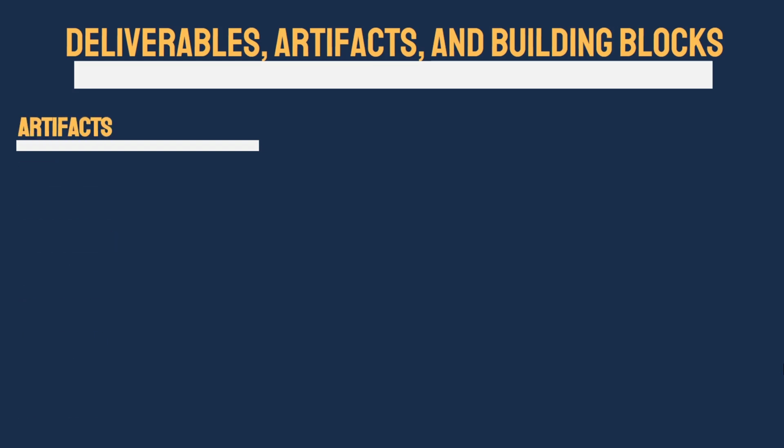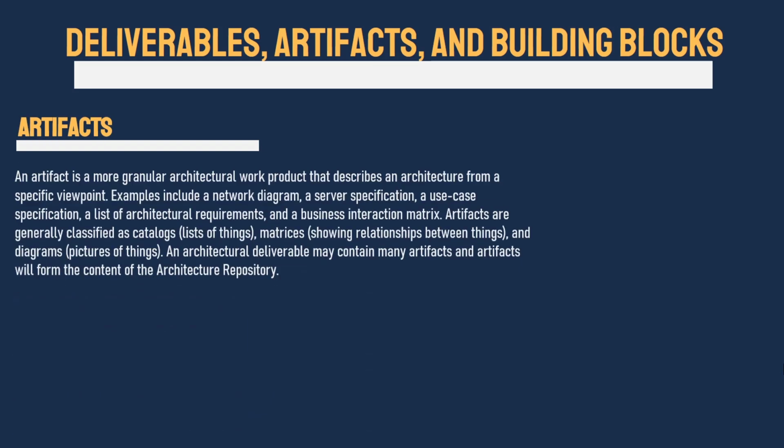Artifacts. An artifact is a more granular architecture work product that describes an architecture from a specific viewpoint. Examples include a network diagram, a server specification, a use case specification, a list of architecture requirements, and a business interaction matrix.